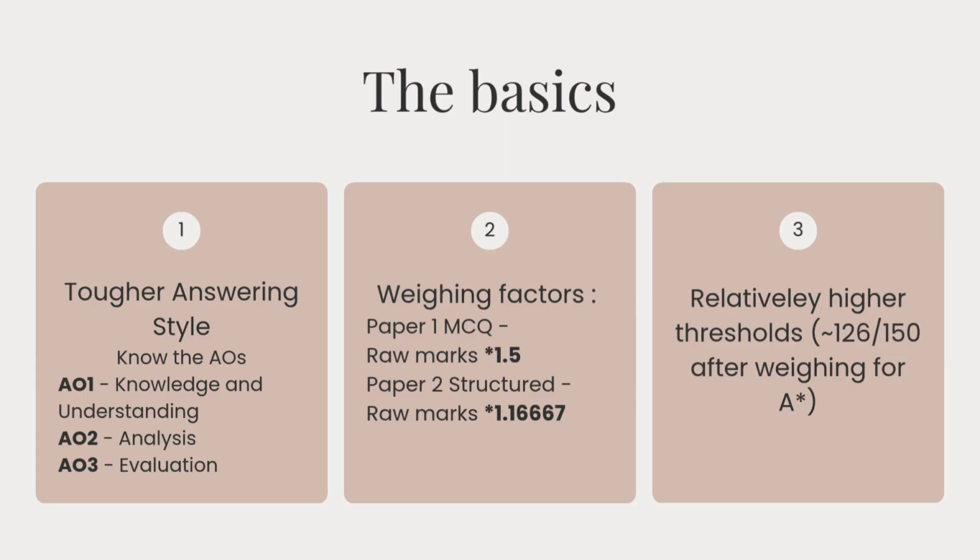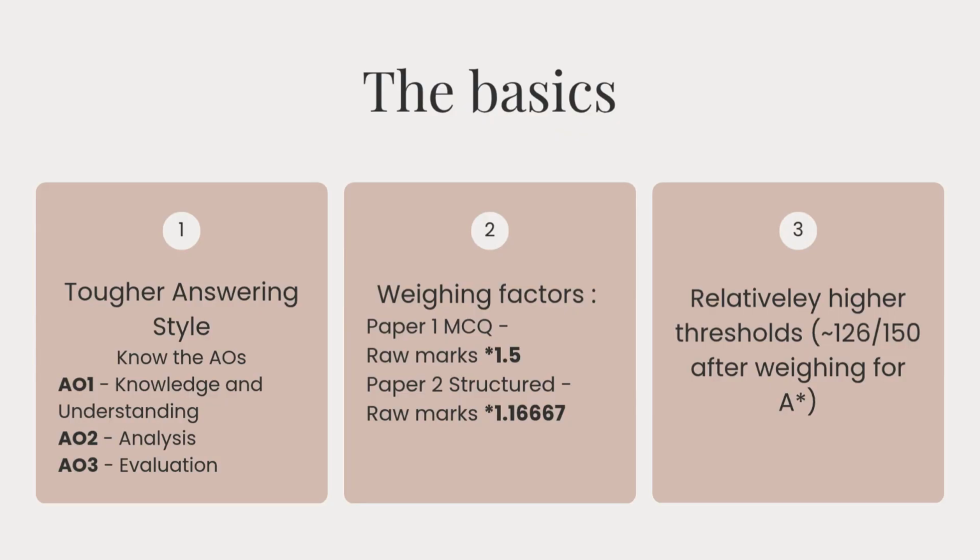Now, coming to the weighing factors, I suppose you know what weighing factors are. It's basically whatever marks you get. Let's say you get 25 out of 30 in the MCQ paper. That mark gets multiplied by a weighing factor. That means one mark in the MCQ paper is worth 1.5 marks. And in paper 2, one mark is worth 1.16667 marks.